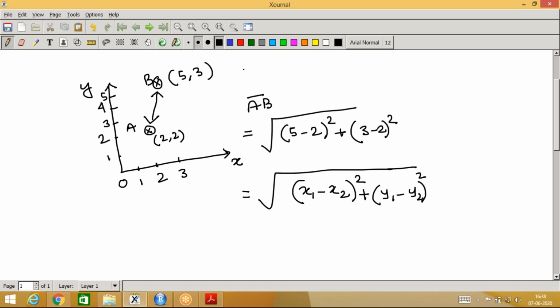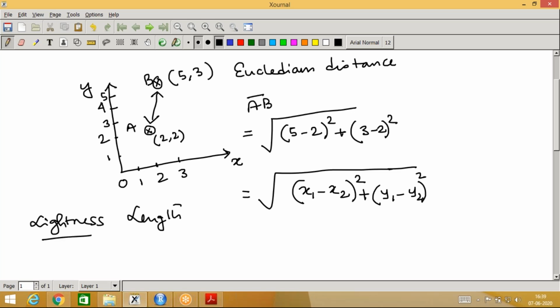This is called Euclidean distance. Fair enough. This is when I have lightness and length, and the observations are like 5, 3 and 2, 2.